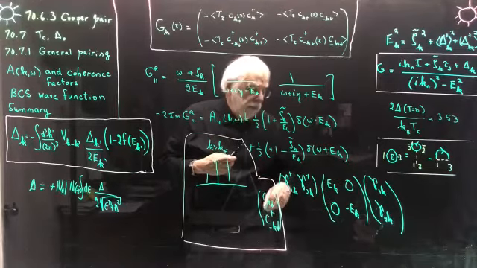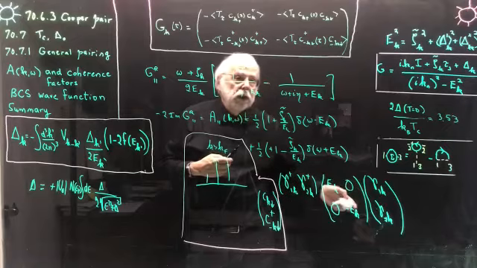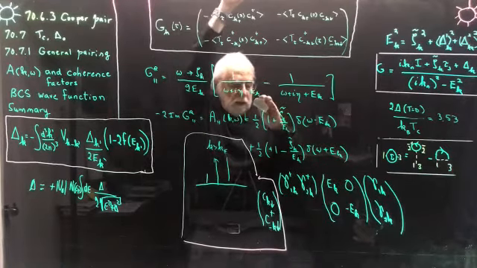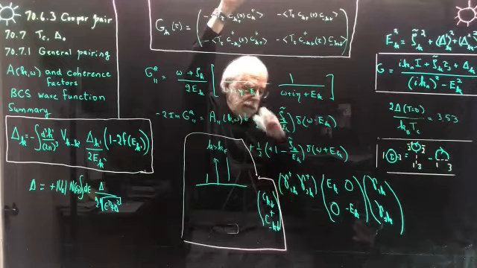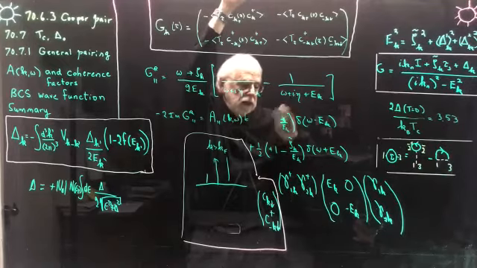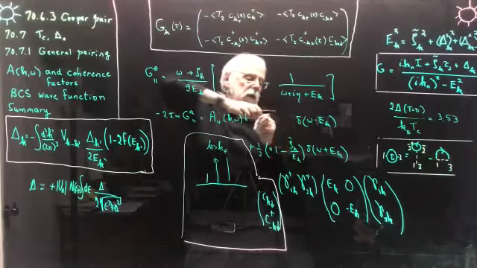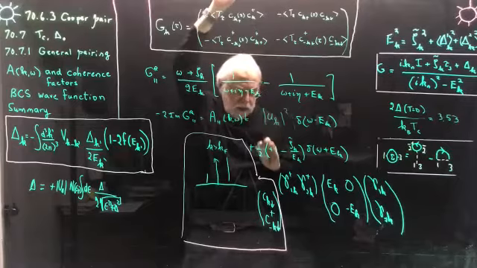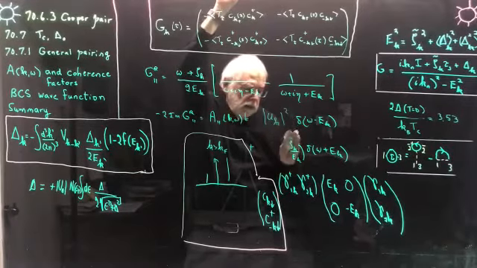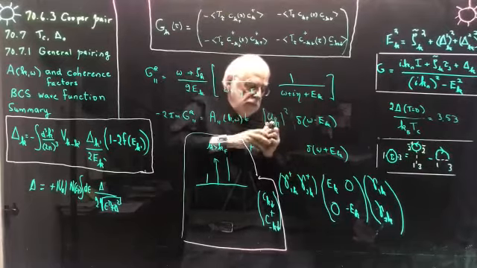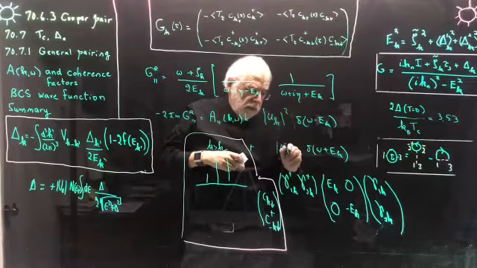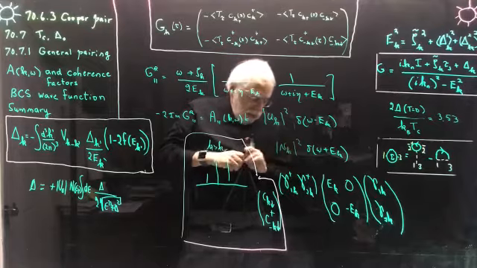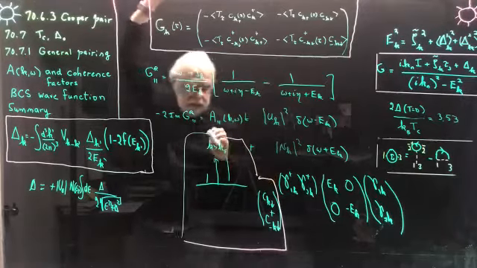These are simply the coefficients that go in the canonical transformation. So you can check that. Let me call this Uk square, and this is Vk square. And the canonical transformation looks like this.